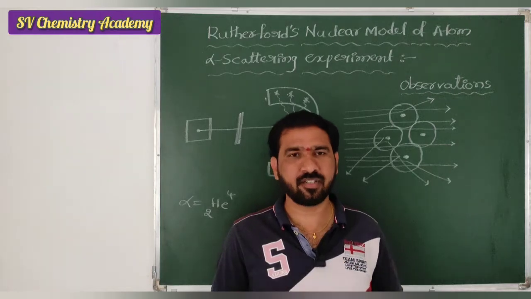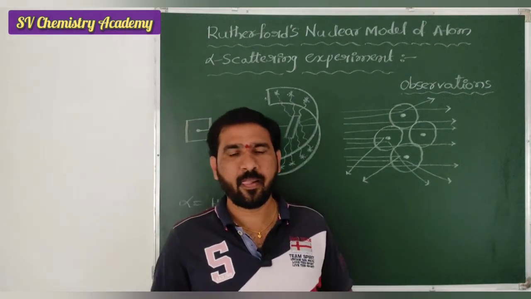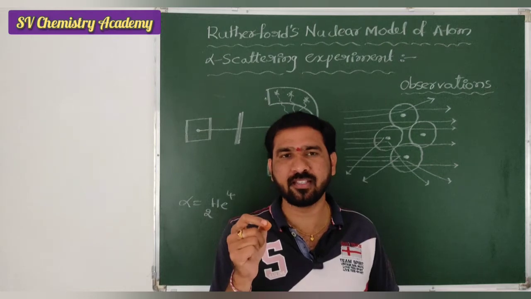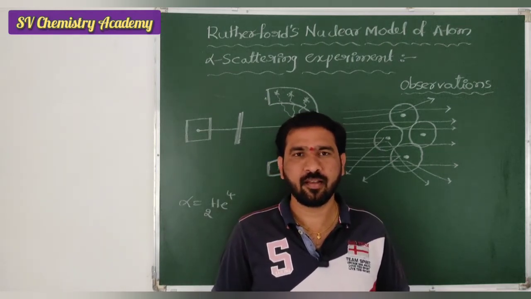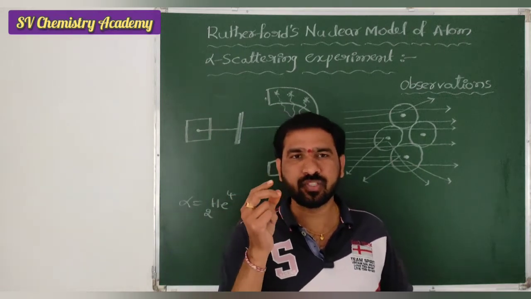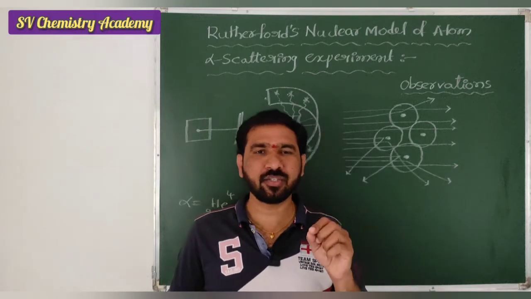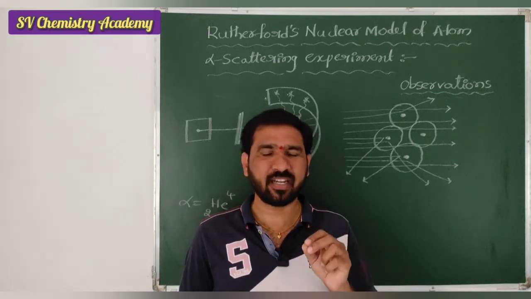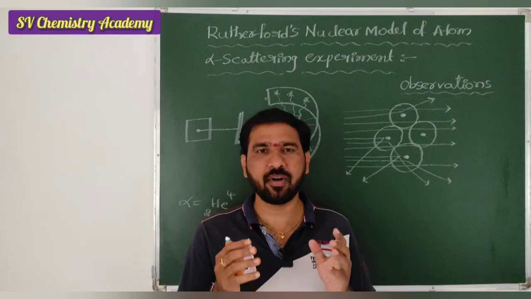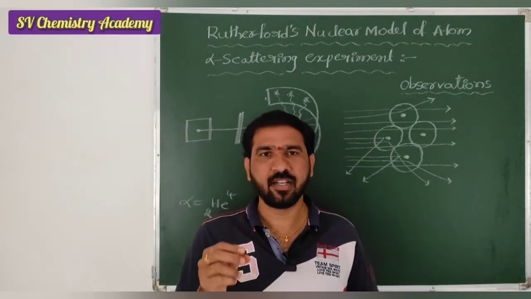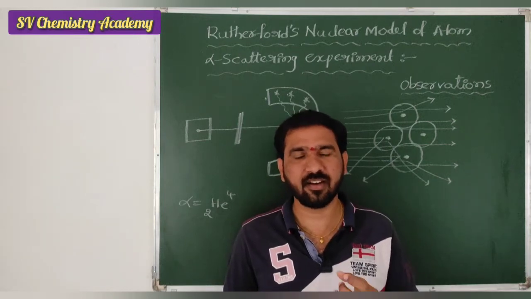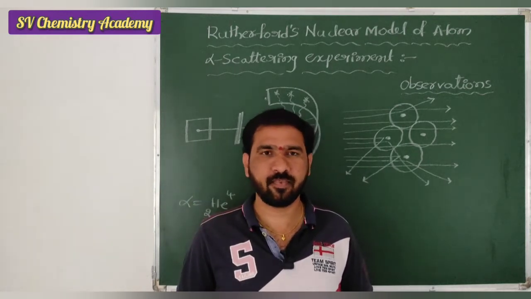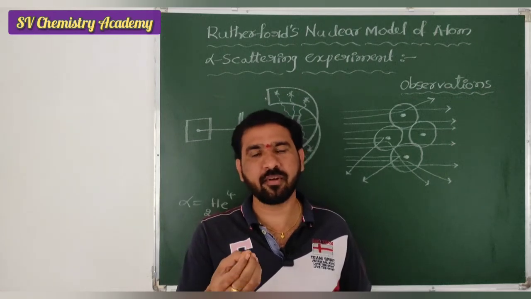By these three observations, Rutherford explained that the central point of an atom has positive charge, and named it the nucleus. In the nucleus, two subatomic particles are there: the positively charged proton and the neutron. These two particles in the nucleus are called nucleons. Nucleons means protons plus neutrons at the central point of an atom.